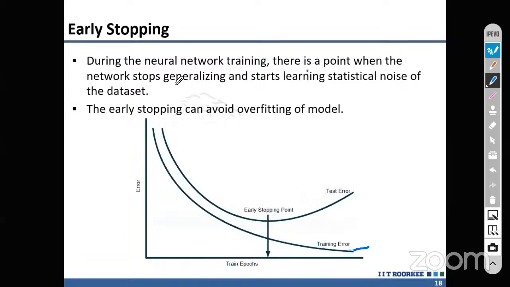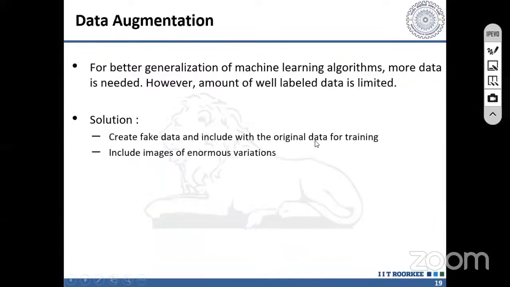That is the point when the network stops generalizing and starts learning statistical noise, which means it is overfitting. Early stopping means we can stop there. The number of parameters, epochs or learning rates will be stopped at that point, and that model will be used for testing. This is early stopping.